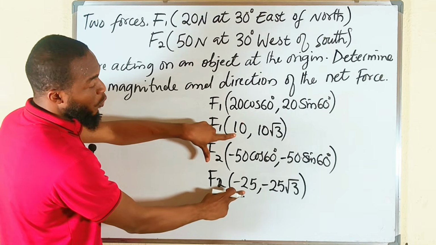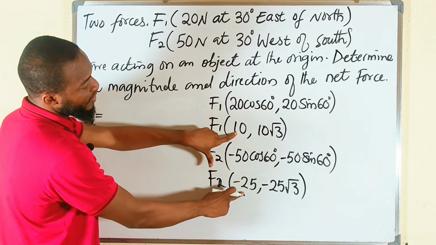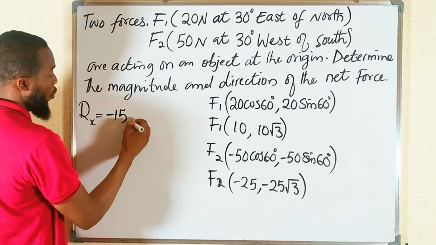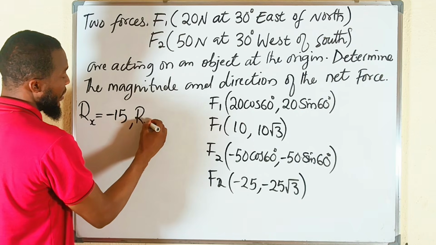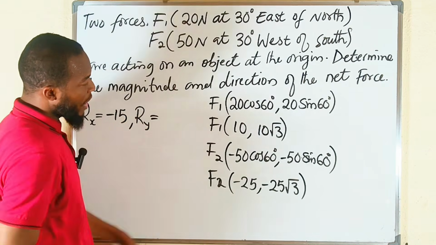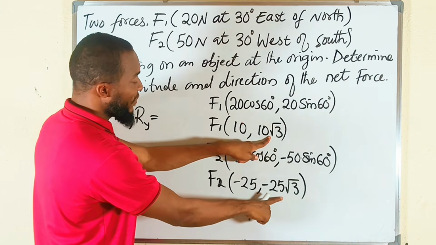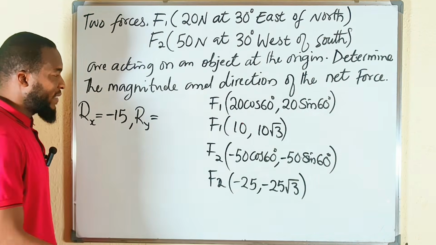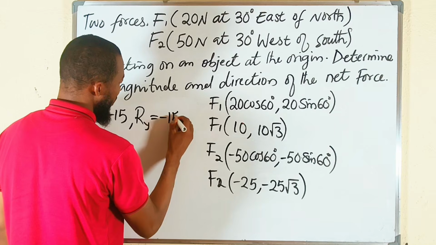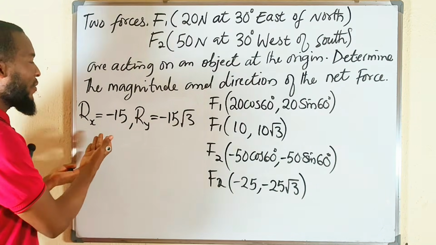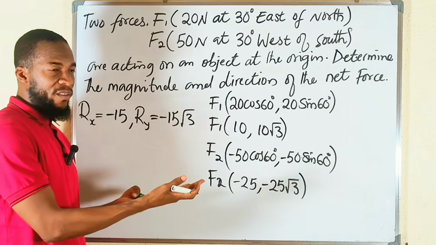This one plus this one. This is going to give us negative 15. While the resultant with respect to y, you take this, you add to this. This is going to give us negative 15 root 3. So we have the resultant components.